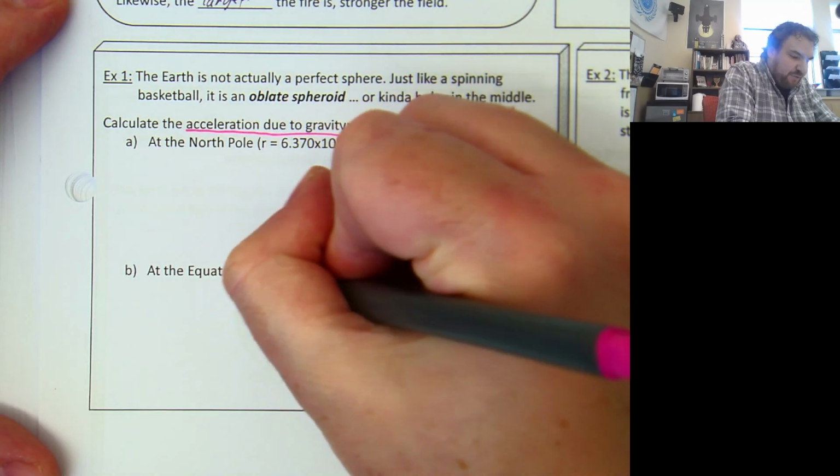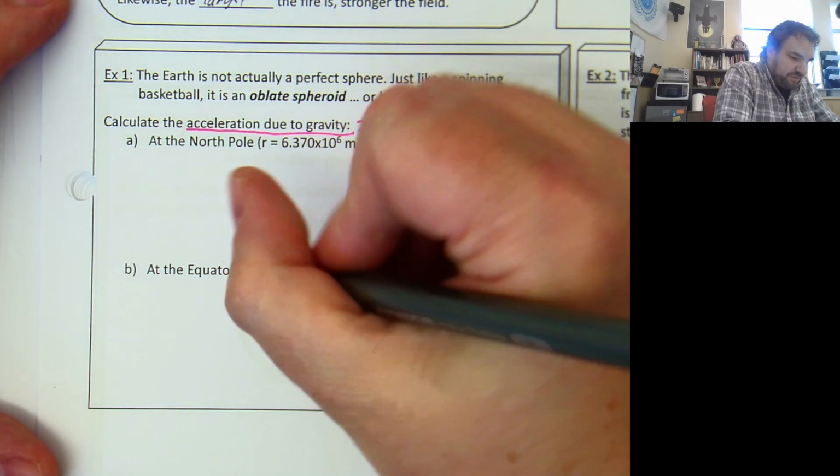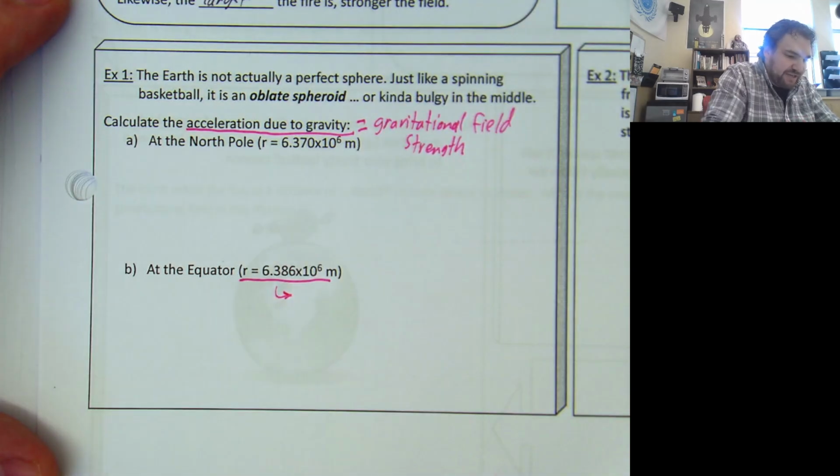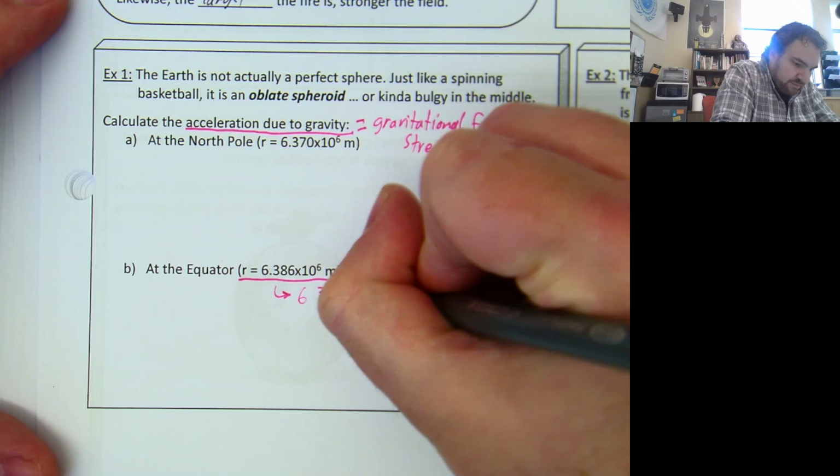This is the average value for the radius of the Earth at the equator. Just to show you what this value looks like, because sometimes scientific notation is hard to picture, this is 6,386,000 meters.